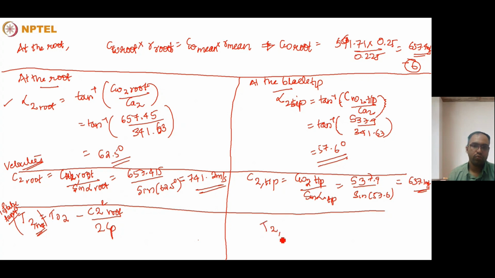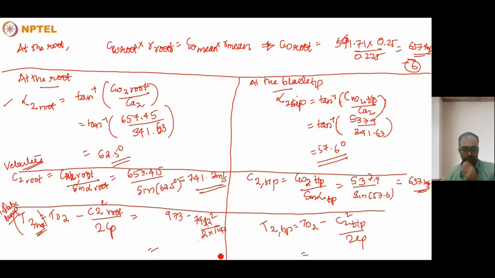Similarly, T2 tip can be written as T02 minus C2 squared tip divided by 2 Cp. So T02 is 973 minus C2 root, 741.2 square divided by 2 into 1147. It will be coming around 733.5 Kelvin.